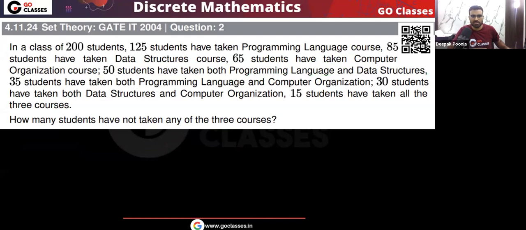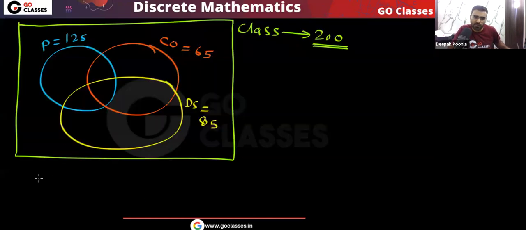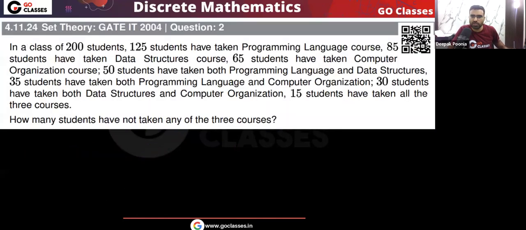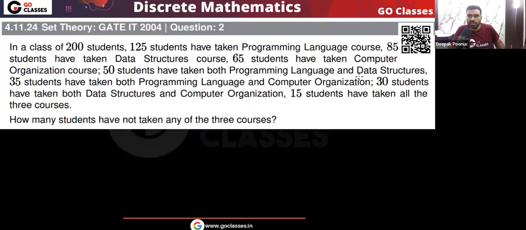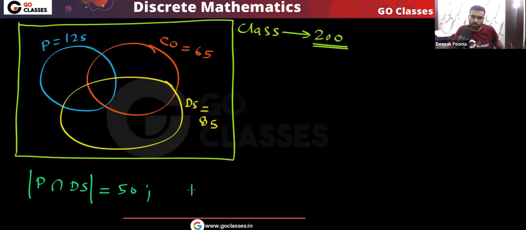So what is the size of this intersection, programming language intersection data structure? That is given to us, that is 50. Also 35 have taken programming language and computer organization. So programming language intersection computer organization, what is the size of this intersection?